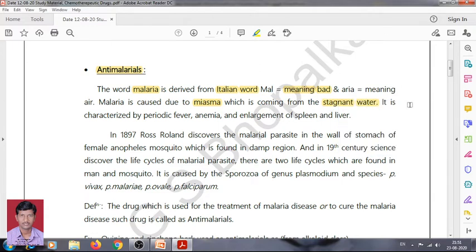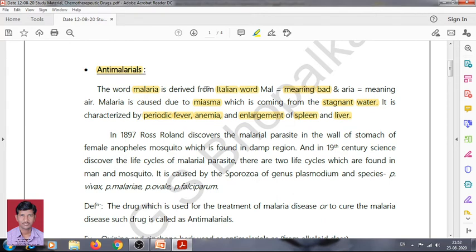We all know about stagnant water, and from that stagnant water the miasma comes. It is characterized by periodic fever, anemia, and enlargement of the spleen and liver.